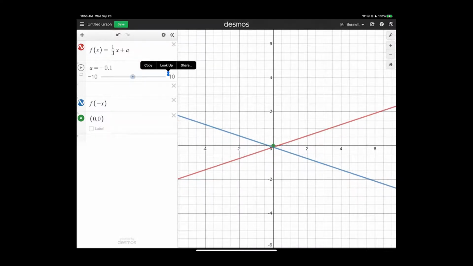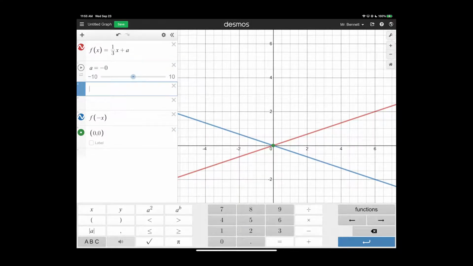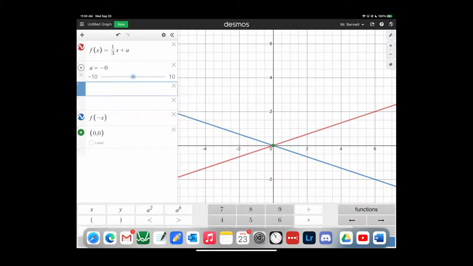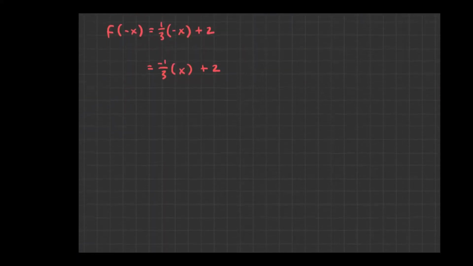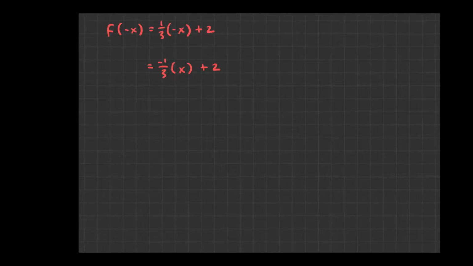I'm having a hard time here. So you can kind of see why. Let's try to find the y-intercept of an odd function, any odd function at all.